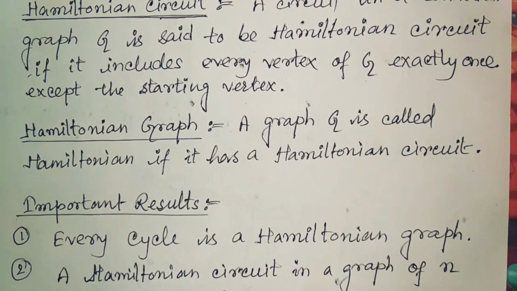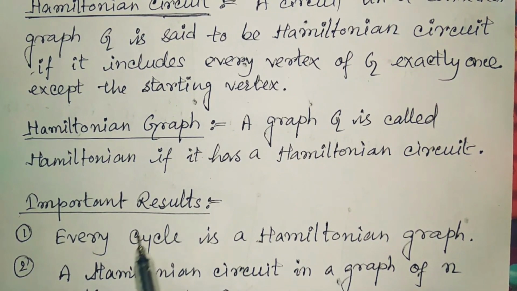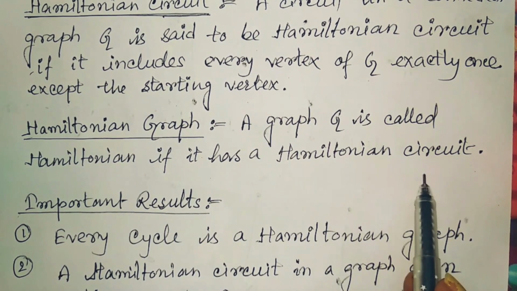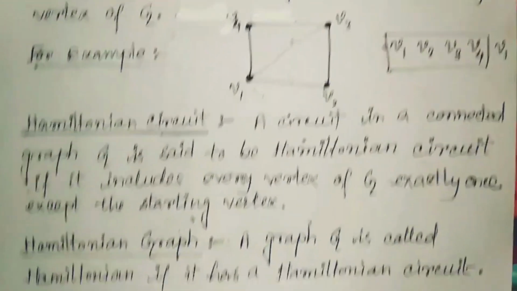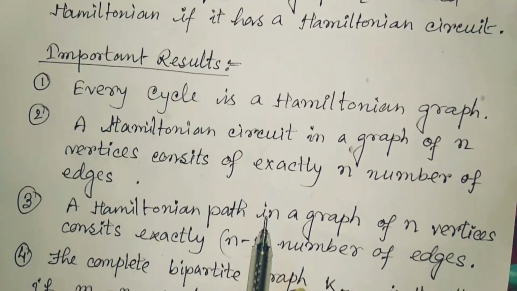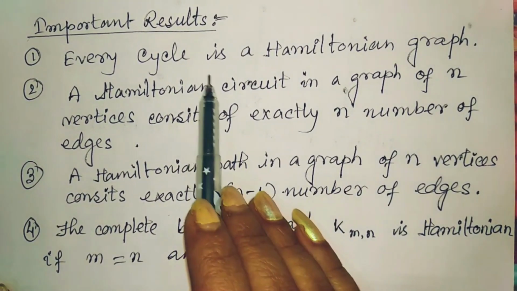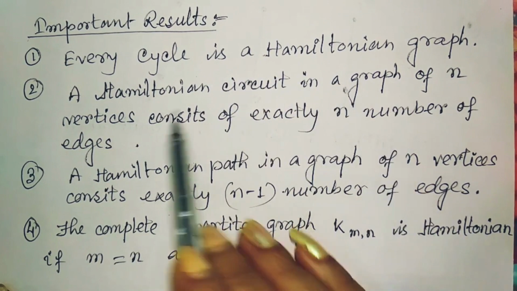Here the initial or starting vertex is V1 and the end vertex is also V1. That's why this is the Hamiltonian circuit, and it includes definitely all the vertices of the graph. So what is a Hamiltonian graph? A graph G is called Hamiltonian if it has a Hamiltonian circuit. So this one is a Hamiltonian graph. Now a few important results from the Hamiltonian graph. The first one is every cycle is a Hamiltonian graph. That is very obvious.